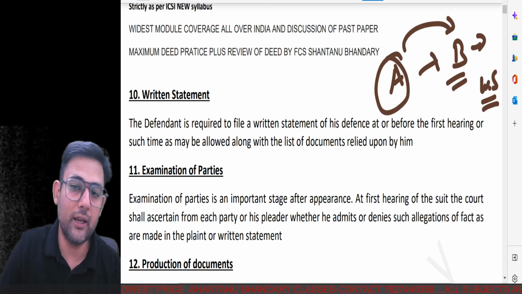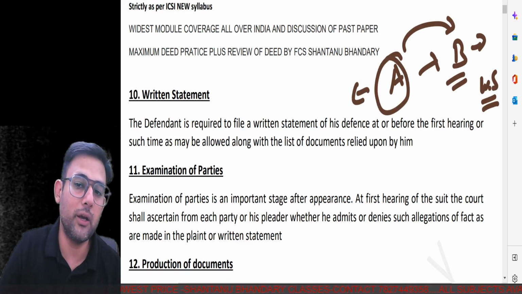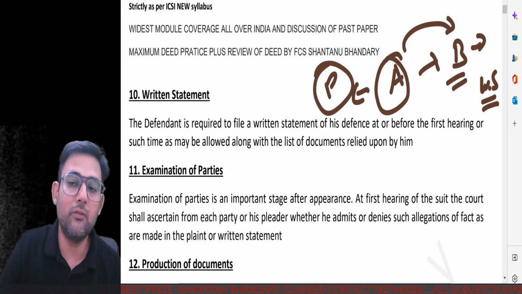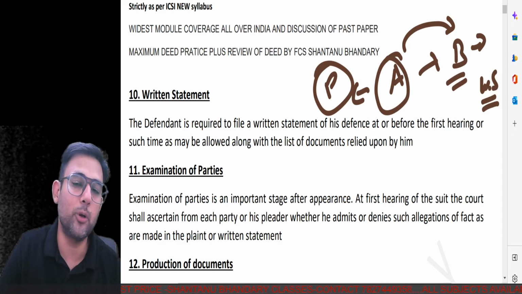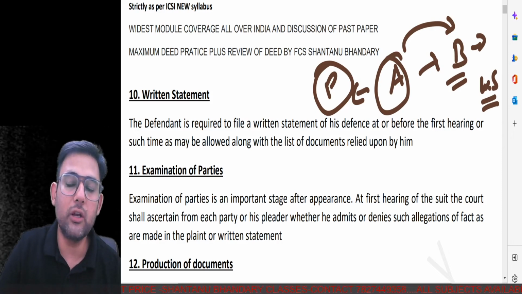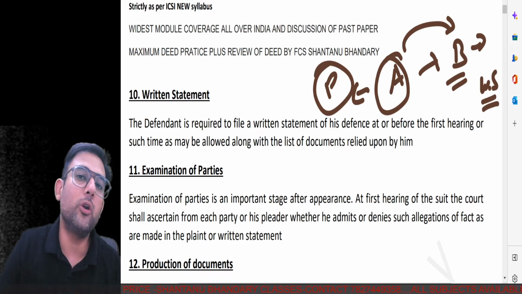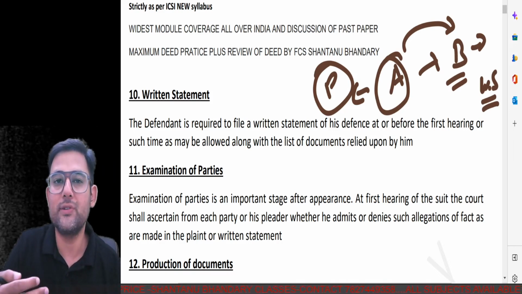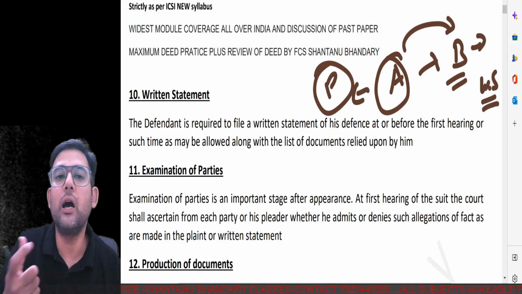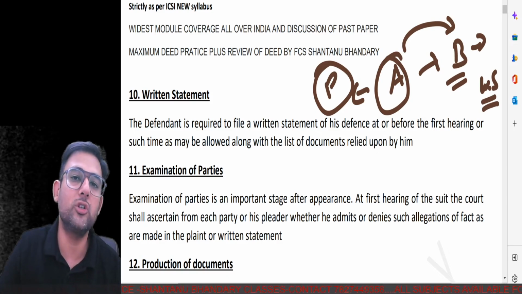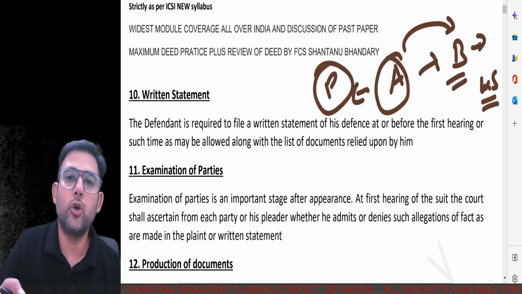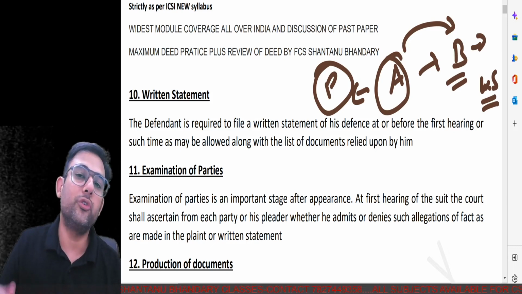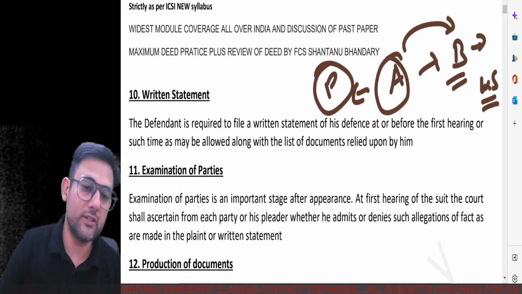When A puts the allegations against B, A prepares a document called a plaint, and B gives the reply to all those allegations. That document is called a written statement, in which B replies to A, or probably puts counter allegations against A.